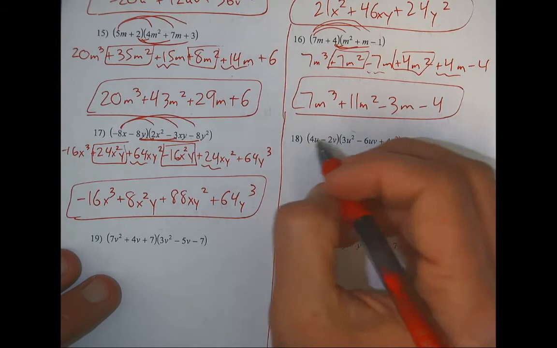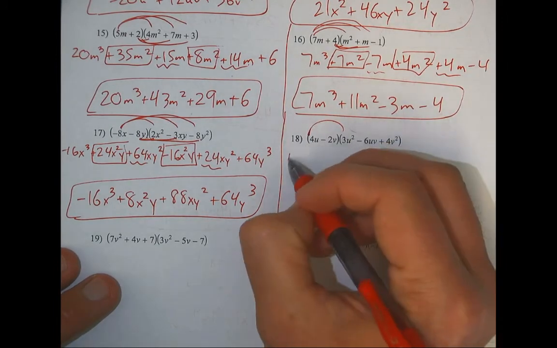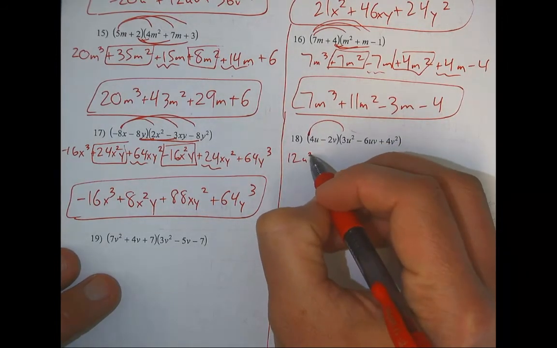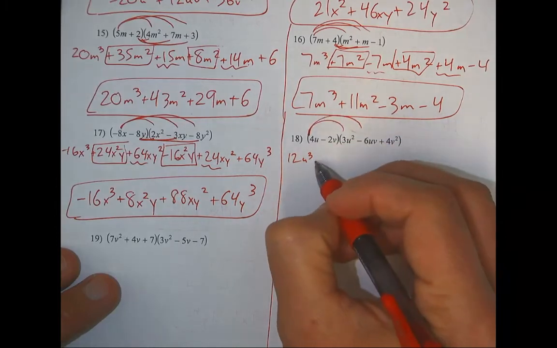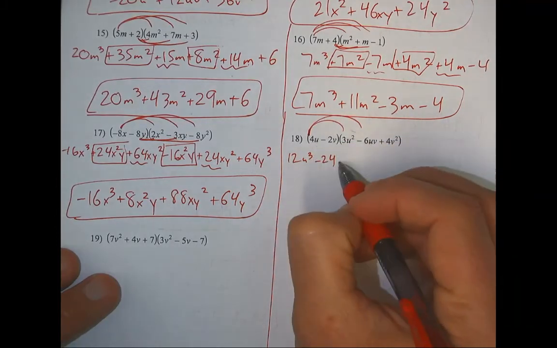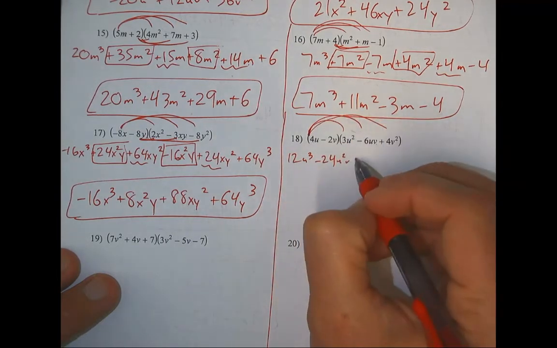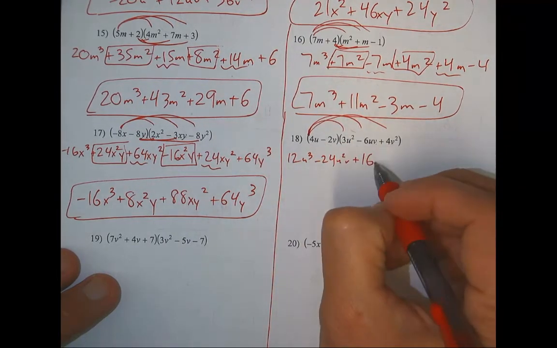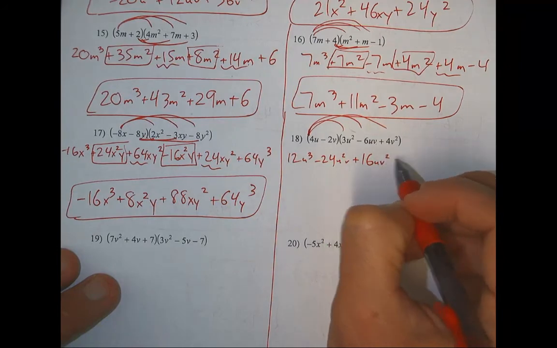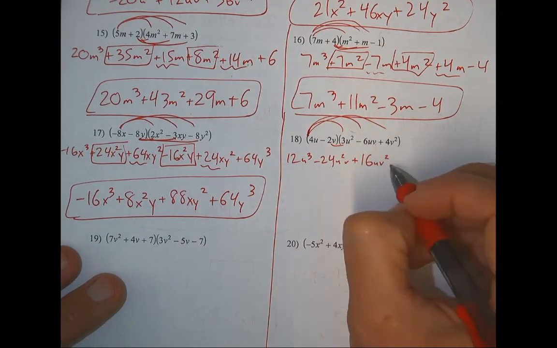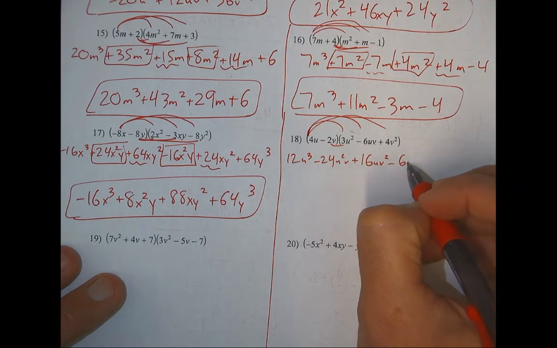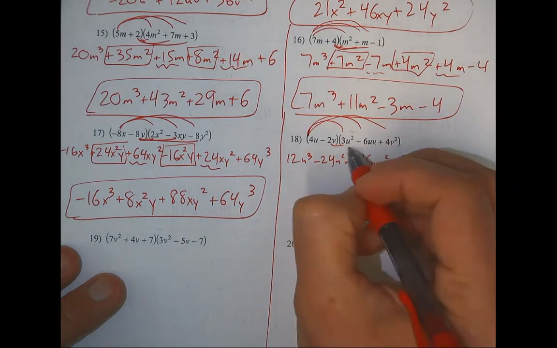One more time with the binomial times the trinomial. So 12u to the third, negative 24u squared v, positive 16, can't combine those, so it's just uv squared. Right here is negative 6u squared v.